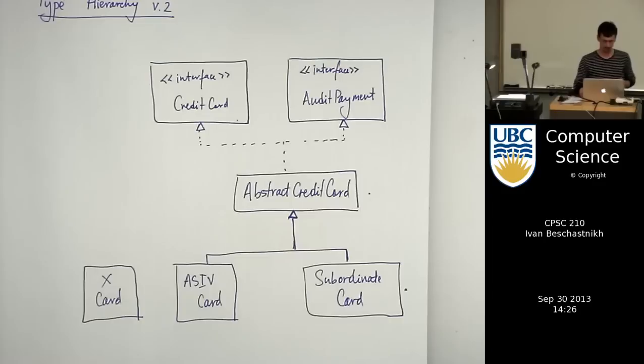So what if I have another constraint? What if I wanted to make sure that I can pay my credit card in different currencies, like different amounts? Let's say I'm here in Canada, I'm paying Canadian dollars, but then I go to Europe, I go to Germany, and I want to pay in euros. My credit card interface says that when you authorize an amount, it's a double amount.